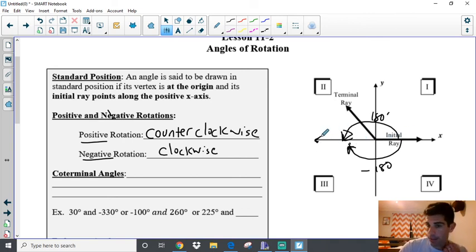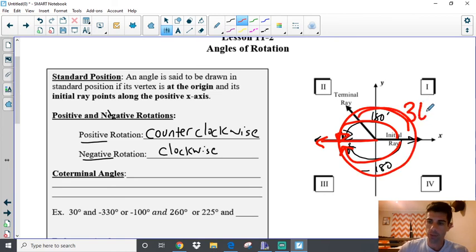In the example I just did, here was your initial and here was my terminal side. Here is my first angle, so its coterminal angle would be going that way, and it would be negative 180 degrees. It could be either positive or negative, but in all cases these angles are always going to add up to 360 degrees.